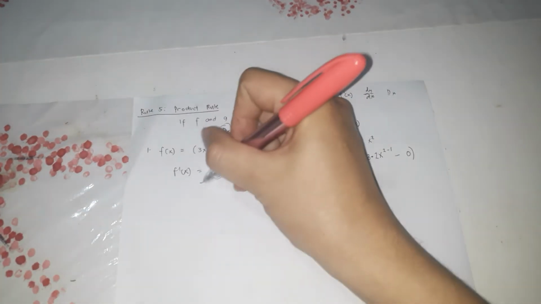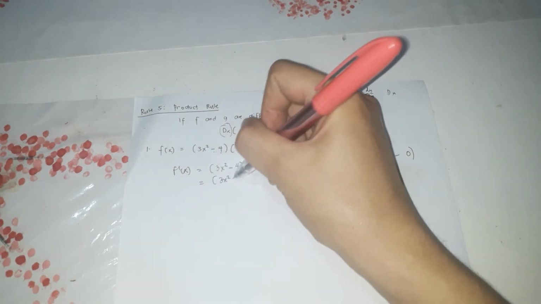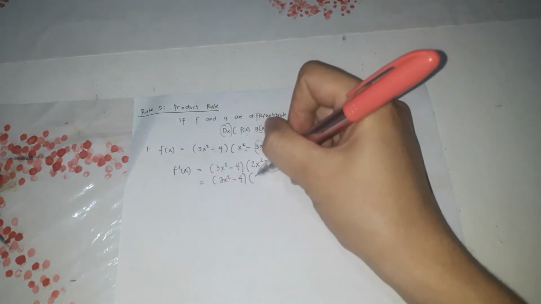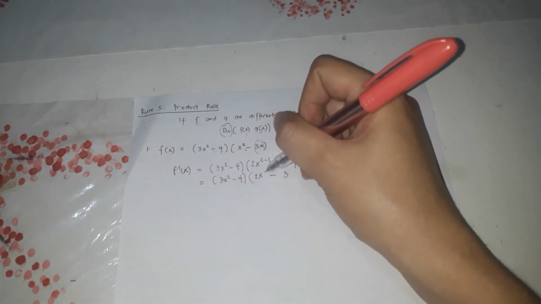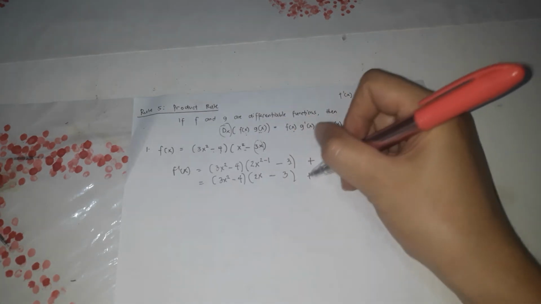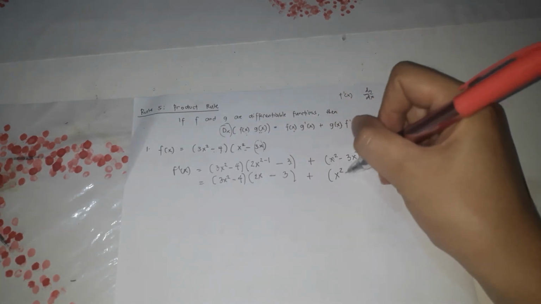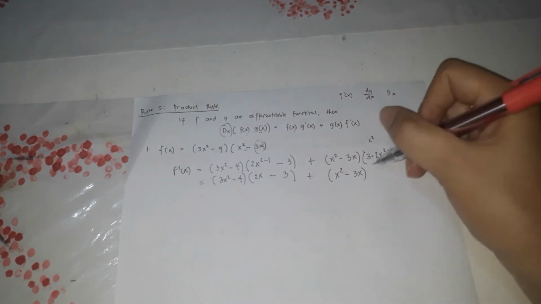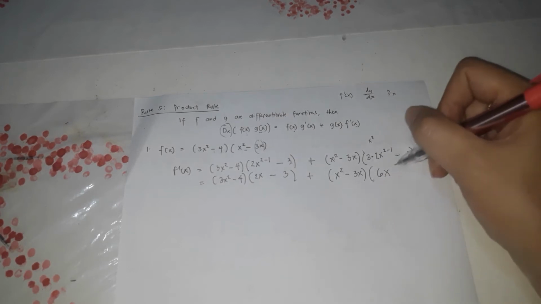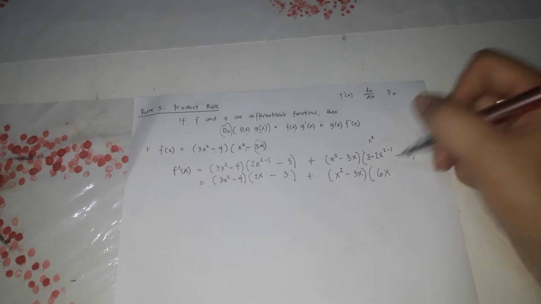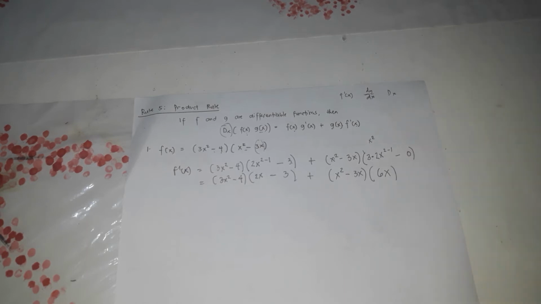Next, let's simplify: 3x squared minus 4, 2x minus 3. It's 2x because 2 minus 1 is 1, or x to the 1, or simply x. Plus, copy x squared minus 3x, so 3 times 2, 6, x to the power of 1. So x, or x minus 0, so you could cancel this out.